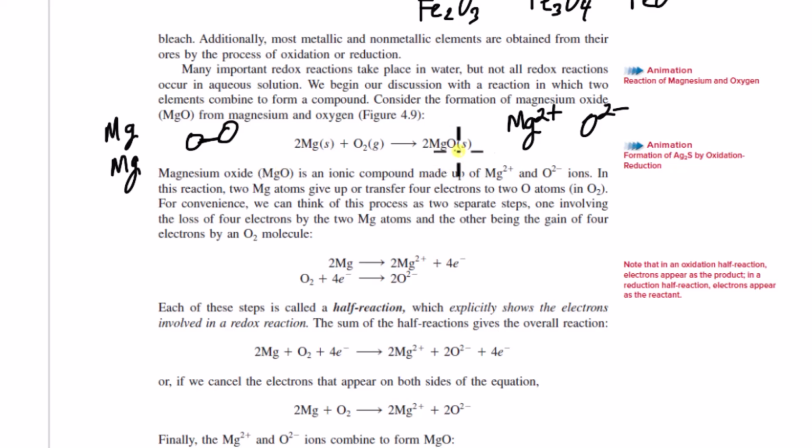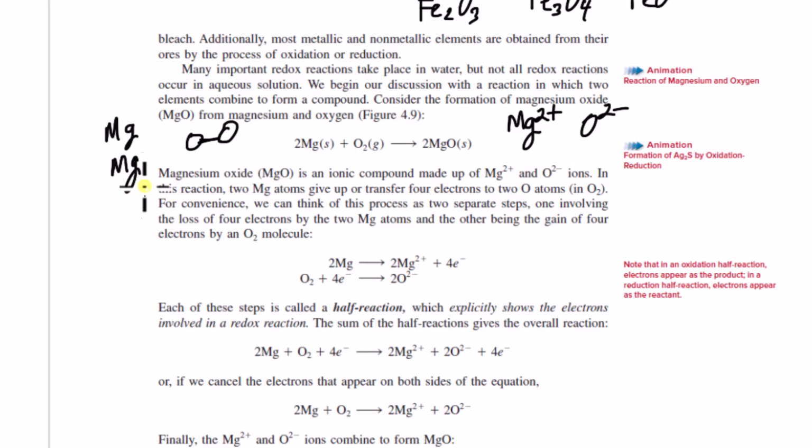So we can clearly see here that electrons are transferred in this reaction, because we started with neutral magnesium atoms and oxygen atoms, and then we ended with magnesium atoms whose associated electrons were 2 less than neutral, and oxygen atoms where the associated electrons were 2 more than neutral.